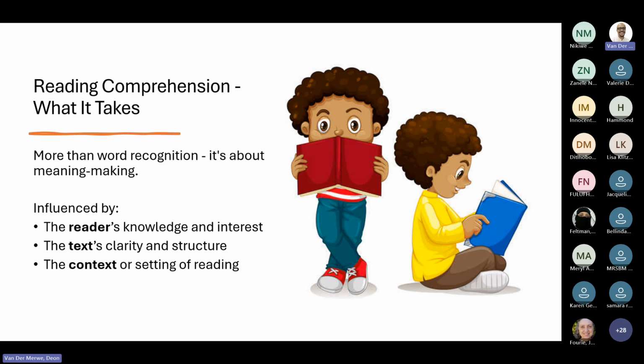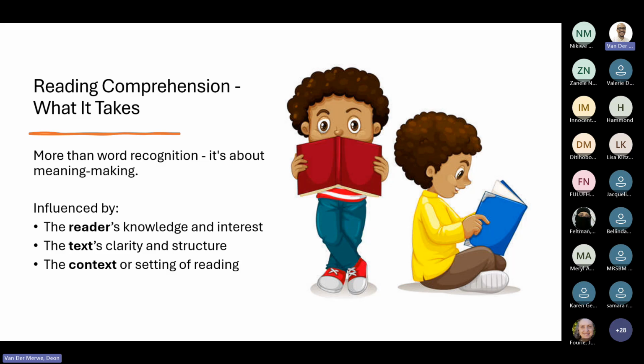And as an assessor, you need to be able to take note of that, because it will inform how you articulate or give meaning to the results of the assessment, because these factors constantly interact while a learner is reading.